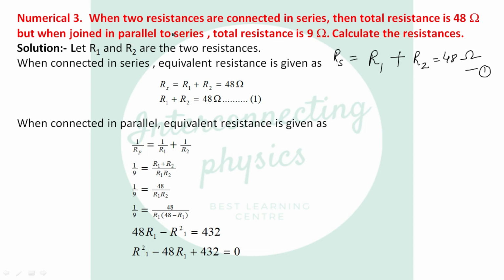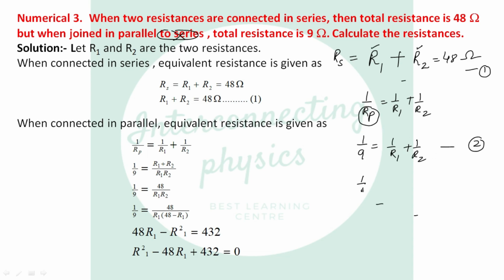When they are joined in parallel, total resistance is 9 ohm. That is, 1 over Rp is 1 over R1 plus 1 over R2. Okay, so Rp is given as 9 ohm. So 1 over 9 is equal to 1 over R1 plus 1 over R2, and this is equation number 2.